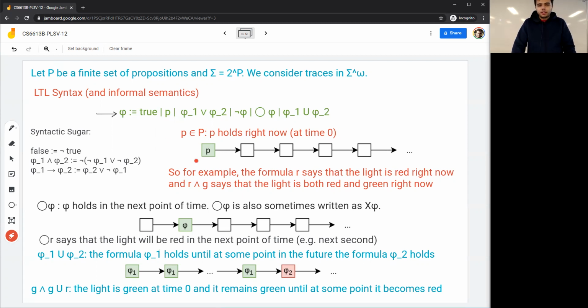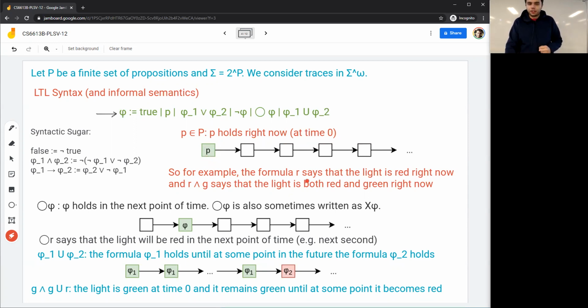But I have a run of my system, and the run of my system is an infinite word, an infinite trace. So when does an atomic proposition hold on an infinite trace? Well, basically it holds if it holds right now at time 0. So P holds in this whole trace if it holds here.